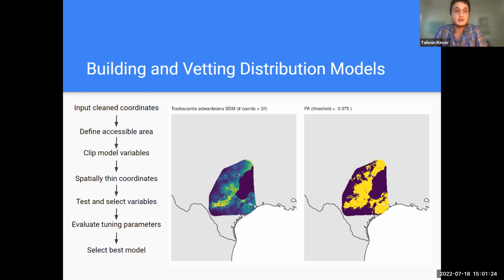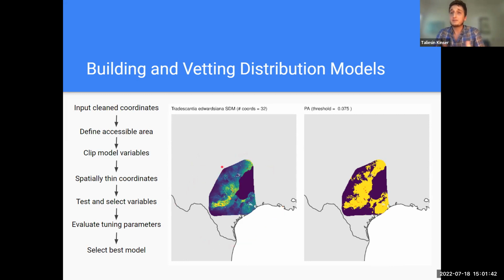Just to quickly show you, we start with those final cleaned coordinates that we have. Then based off of that, we build the area that we want to model onto, which is that polygon that's shown in the pictures.